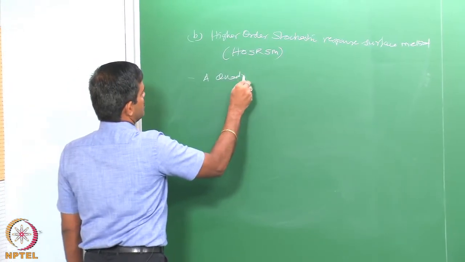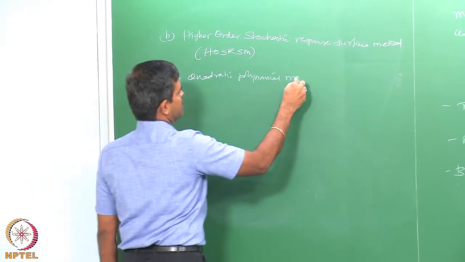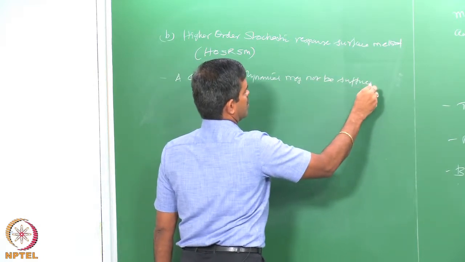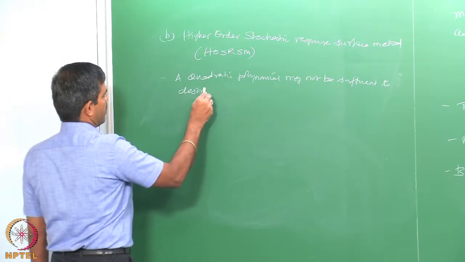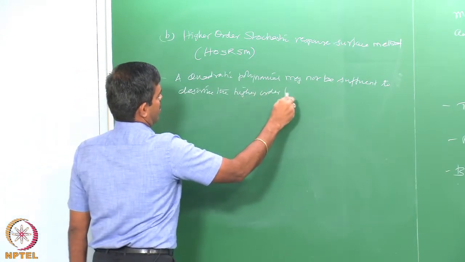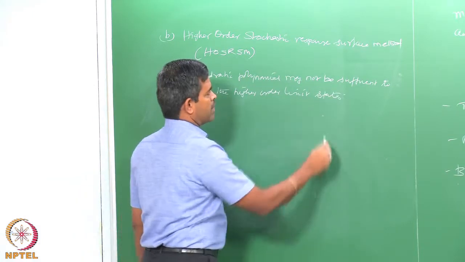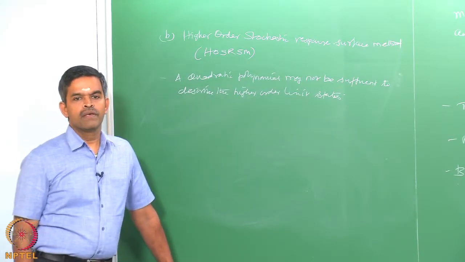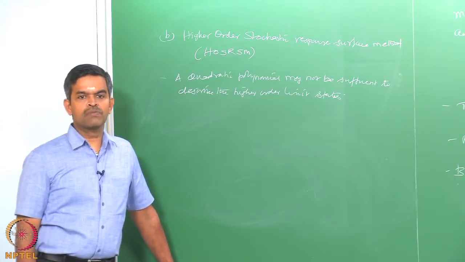All the time, a quadratic polynomial may not be sufficient to describe the higher order limit states, because the limit state function becomes non-linear due to many reasons, as we saw very recently. In such cases, it is necessary to perform statistical analysis of the trial response surfaces.